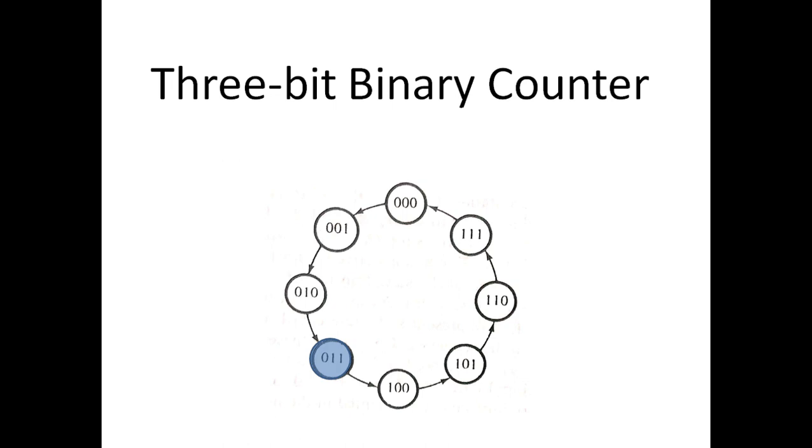And from 0,1,1, it moves to 1,0,0, which is 4. And from 1,0,0, it moves to 1,0,1, which is 5. And from 1,0,1, it moves to 1,1,0. And from 1,1,0, it moves to 1,1,1, which is 7.